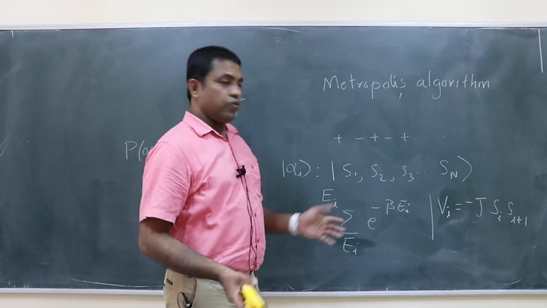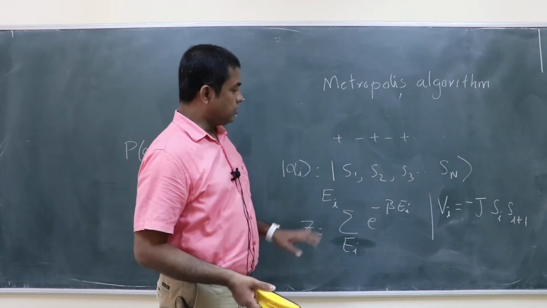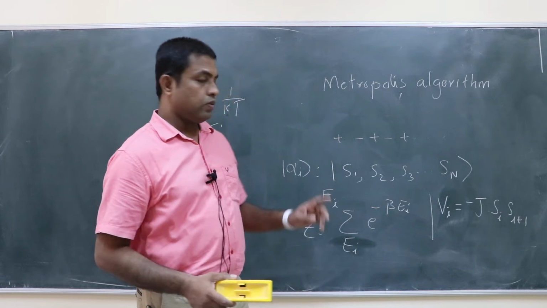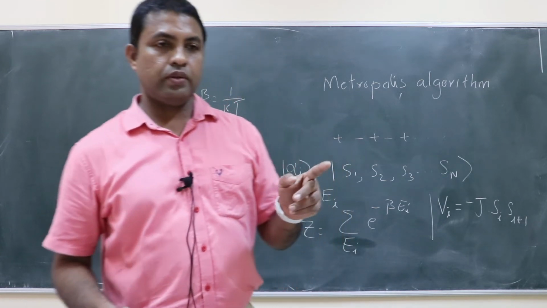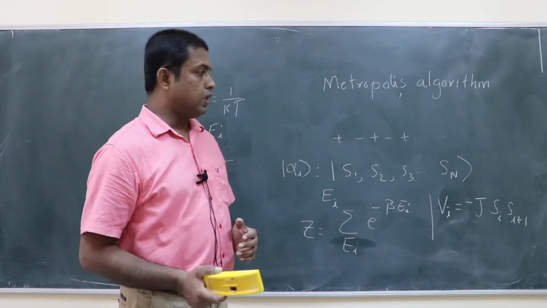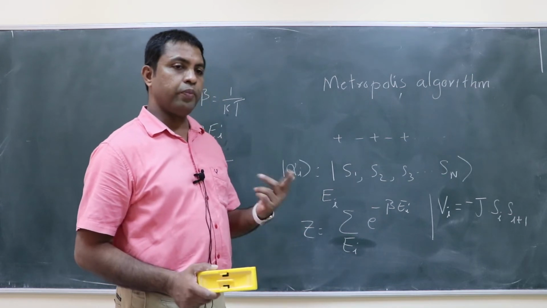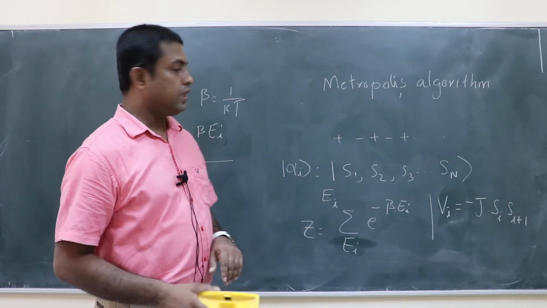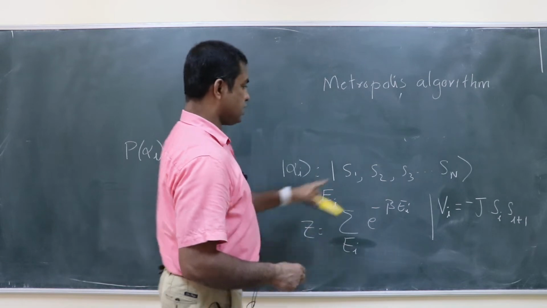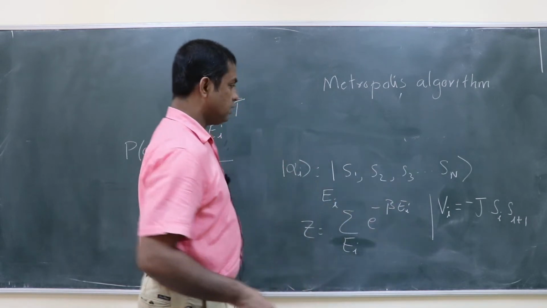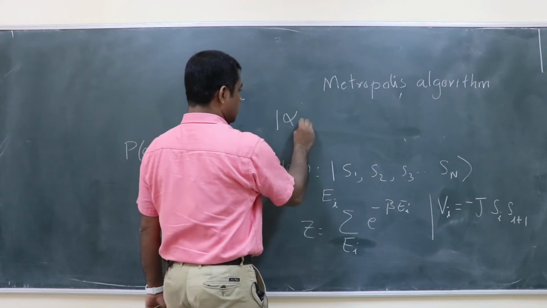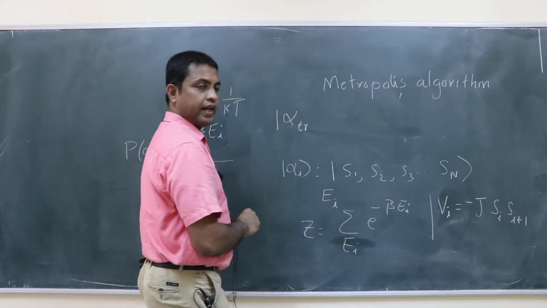The initial configuration can be anything. So you take some initial configuration, then you flip one of the spins. There are n spins, S1, S2, S3, up to Sn, and you flip one of them. The new configuration you call alpha trial.